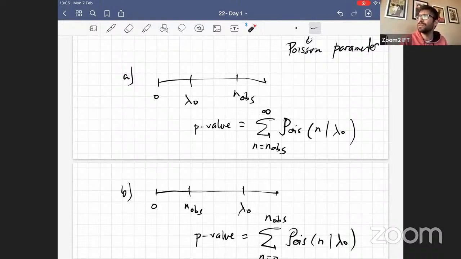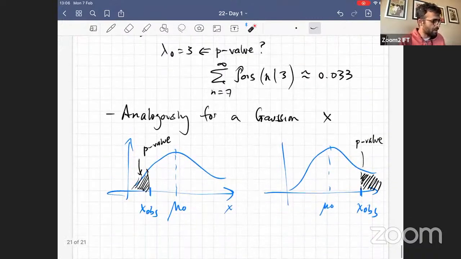Let me see if this comment is clarifying. You have the likelihood of an observation given a hypothesis, and this is a definite number given by your observation and the value of your parameter. So you know how to compute the Poisson of n observed given the parameter, or the Gaussian between x observed and mu0.